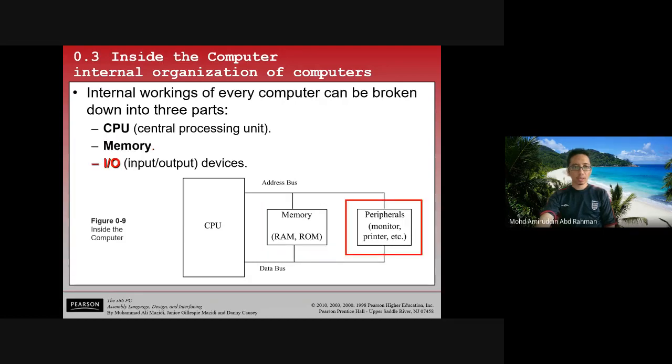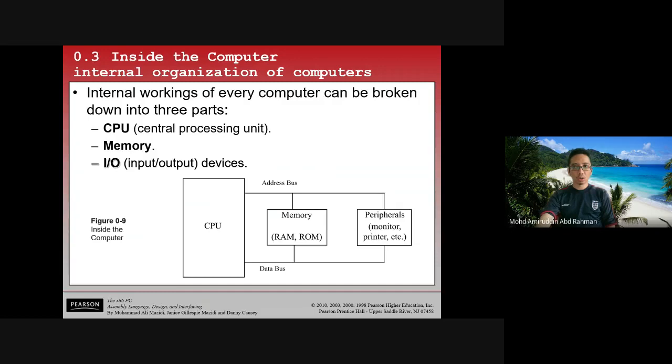And last we have the input and output devices that are connected to the computer, such as the monitor, printer, keyboard, mouse, and the USB drive. So that's all the peripherals that are connected to the computer.